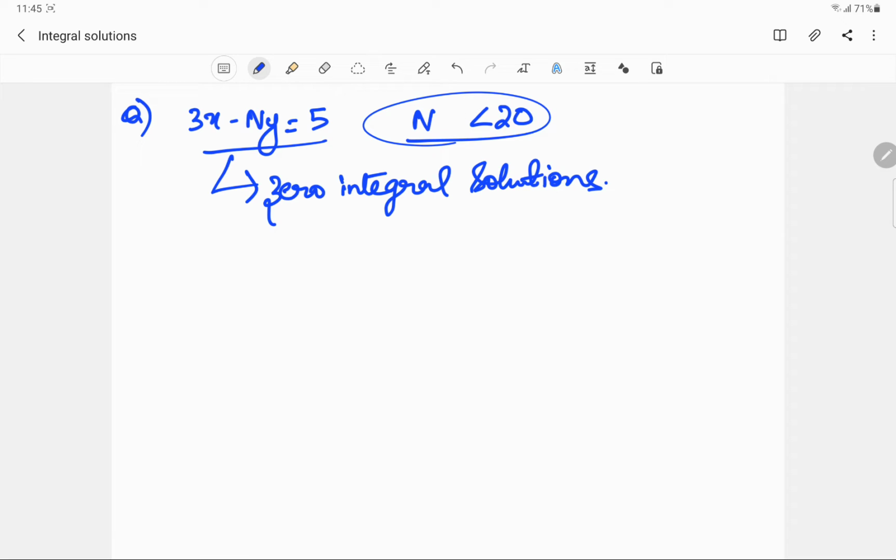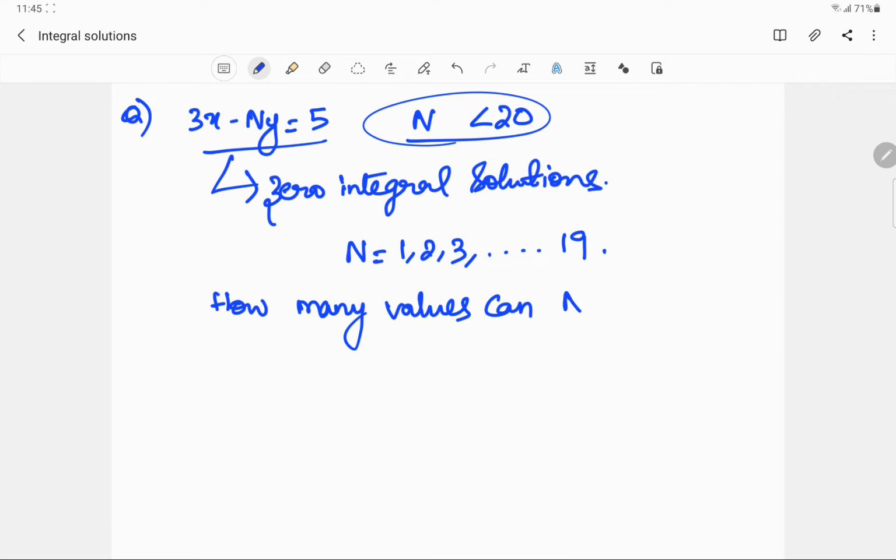So n can take the values 1, 2, 3 and so on till 19. How many values can n take is the question.